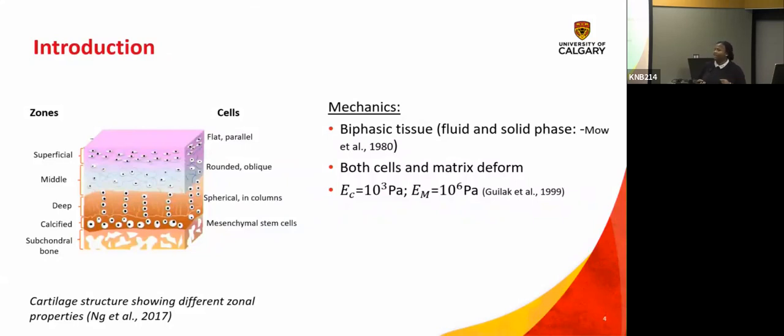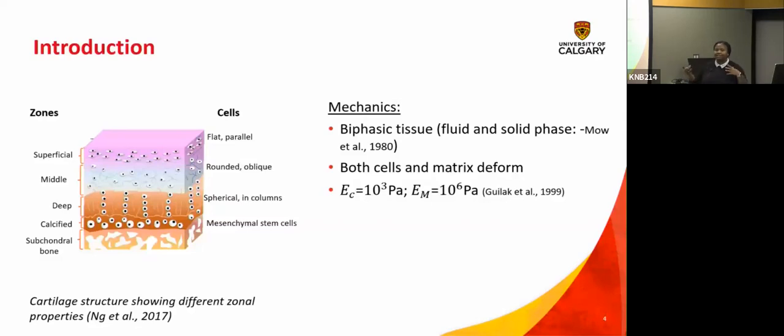So in loading cartilage, it's been known that the matrix deforms and the cells deform as well. And uniquely, it's also been shown that the modulus of elasticity is different between the matrix and the cells. So the cells are about 3 orders of magnitude less than that of the matrix.